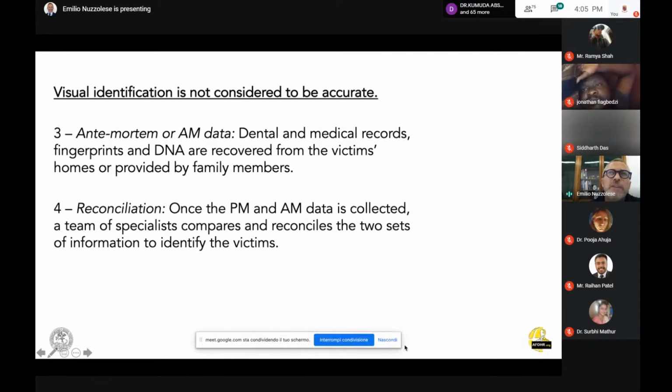The visual identification may be accepted in some circumstances and may be considered an adjunct resource together with other circumstantial evidence. But as we all know, the visual identification cannot be considered accurate enough to be accepted as a scientific method. So that's why it is important not to rely on visual identification.